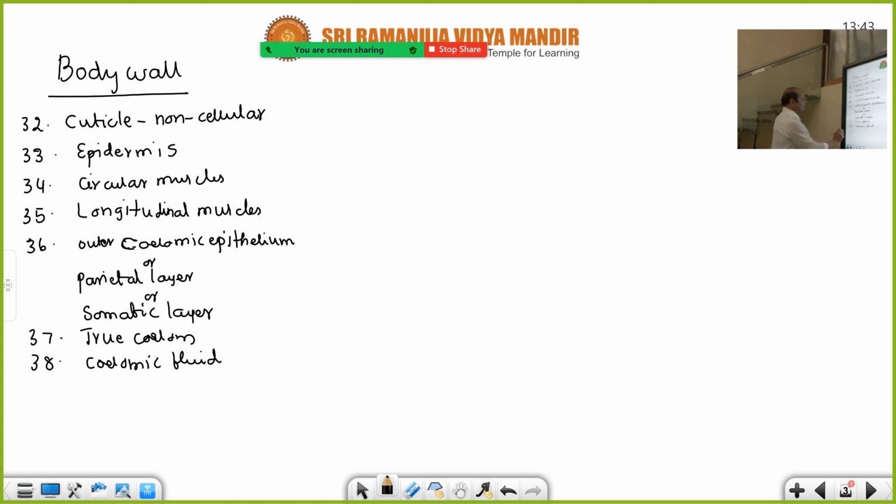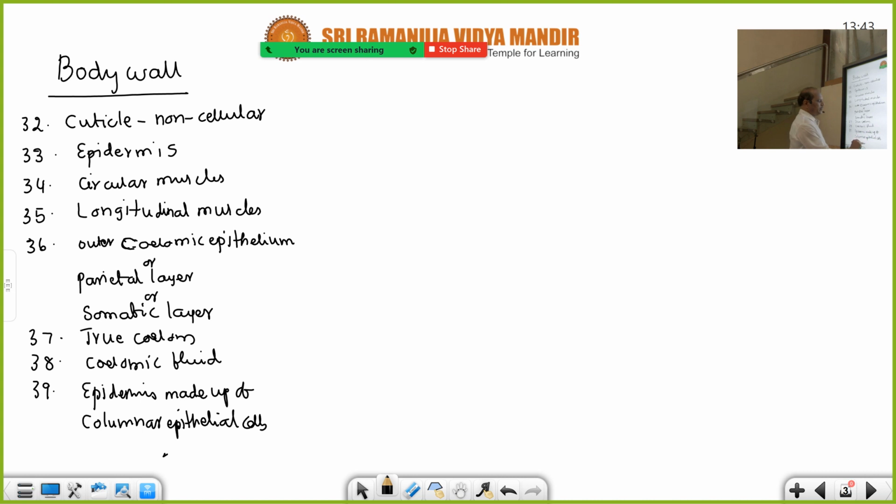True coelom. Epidermis is made up of columnar epithelial cells. Simple columnar epithelial cells. For example, let us draw this. This is cuticle and this is epidermis.